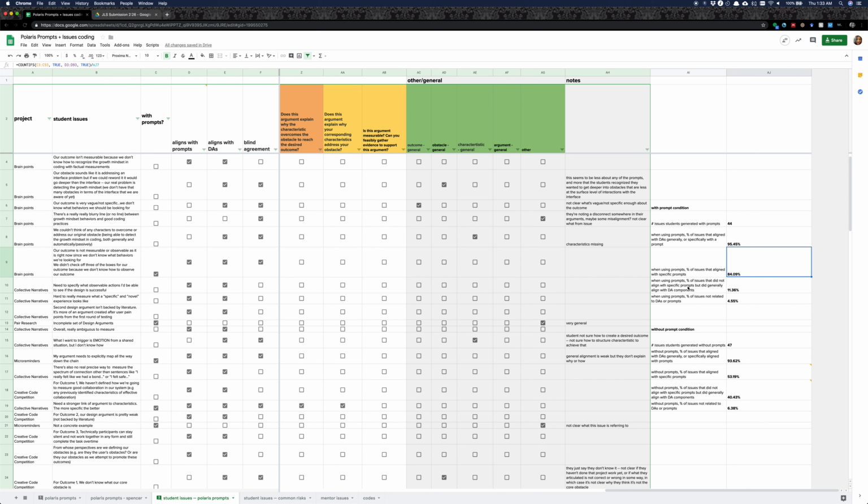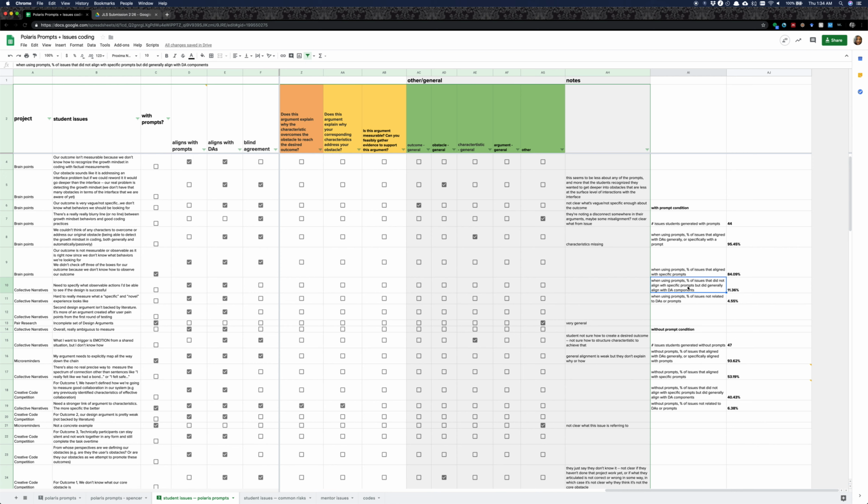The other interesting difference that we see in these two conditions is that when students were using the prompts, they didn't have as many general design argument issues that didn't specifically map to a prompt.